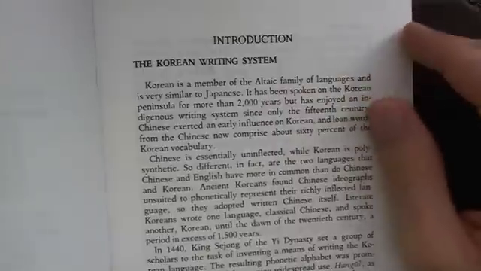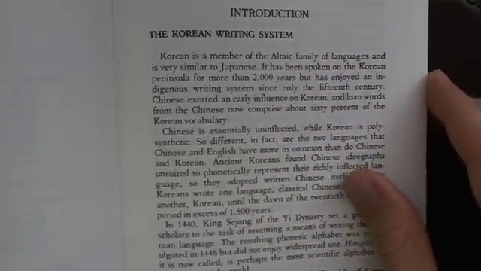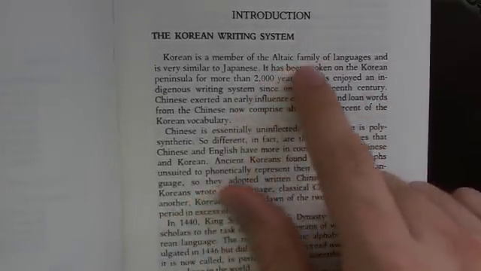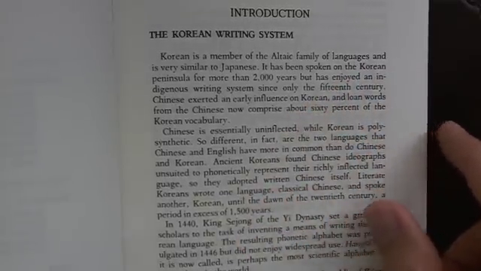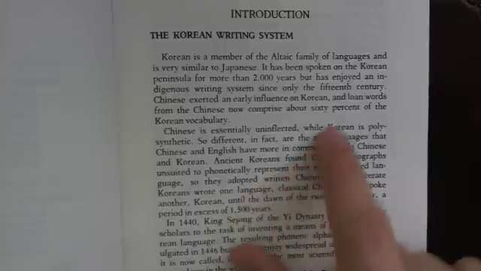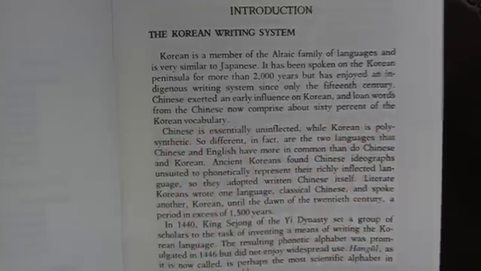Now, in the beginning here, they talk about the Korean writing system. They refer to it as a member of the Altaic family, which has been debated, and how different it is from Chinese, although 60% of the vocabulary comes from Chinese.